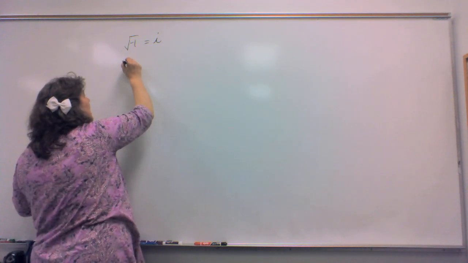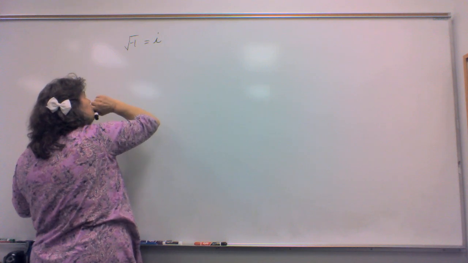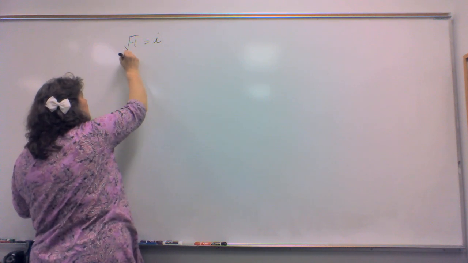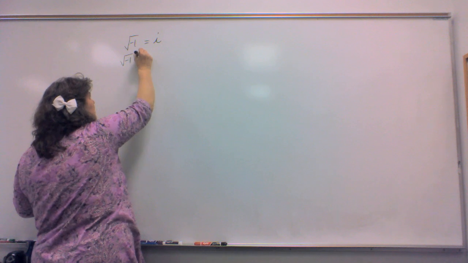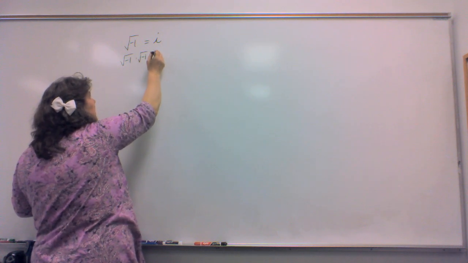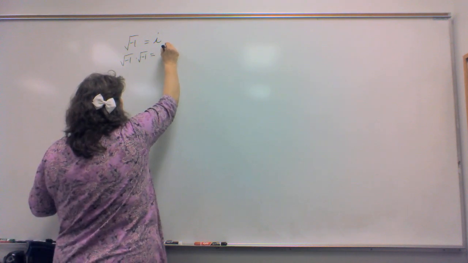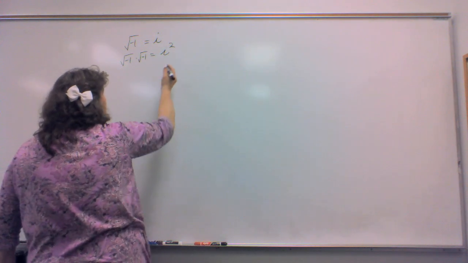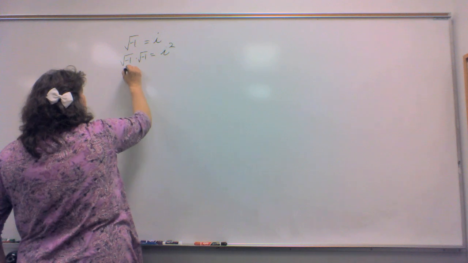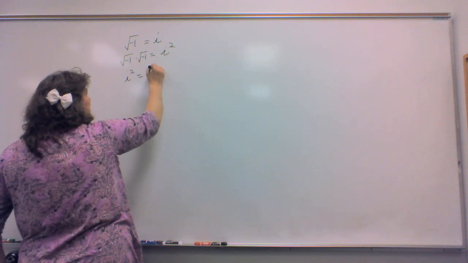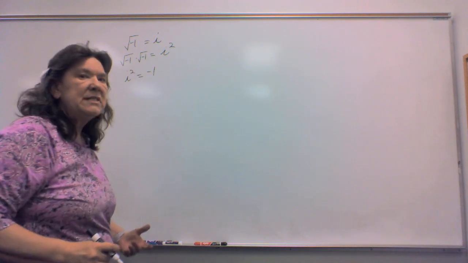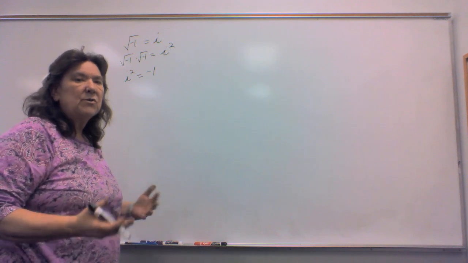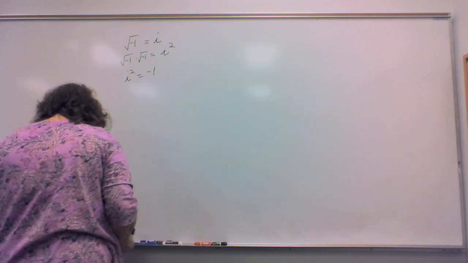The square root of -1 times the square root of -1 is equal to i squared. So therefore, i squared is equal to -1. And we will use that concept as we start working with the conjugates of these, okay?